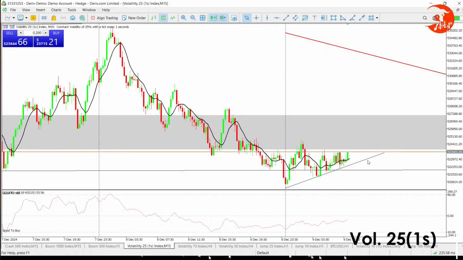So I will leave this. This is now my current support trend line, and it is holding up there. So this may turn out to be a pennant or not.